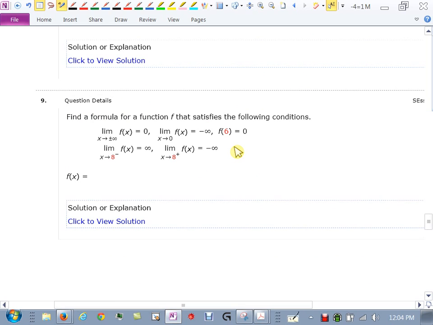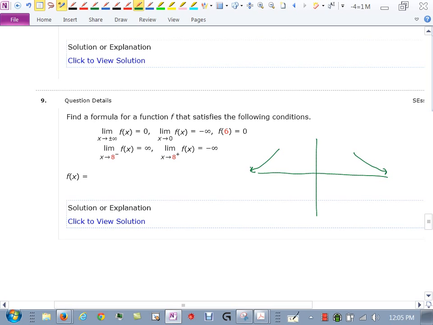Okay, find a formula for a function f that satisfies the following conditions. So we need the limit as x goes to infinity, both infinity and negative infinity, to go to 0. Maybe I'll draw a little picture of what's happening here. As I go out to the right, it's headed to 0. When I go out to the left, it's headed to 0.